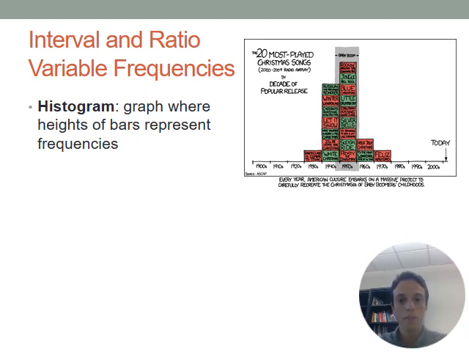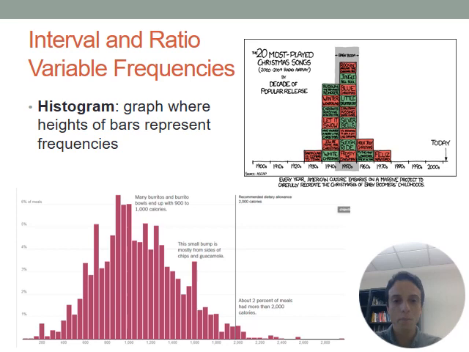Otherwise, we're creating ranges of numbers and showing the frequency of observations that occur in each range. This is another XKCD comic graph, and it shows that, at least when the graph was made, the most common Christmas songs played were songs from the 1950s, with relatively fewer from other years.